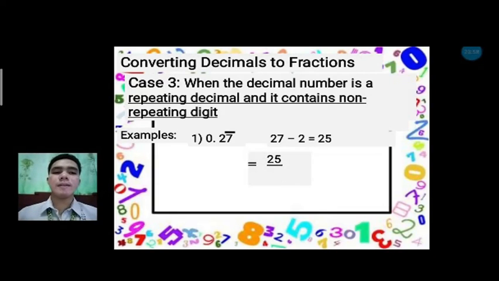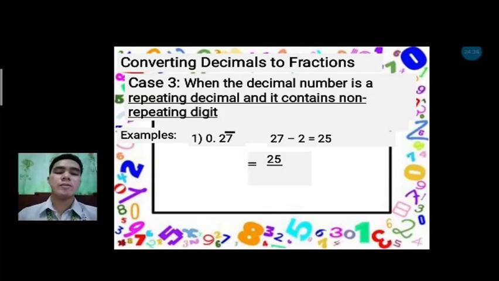Now, what will be our denominator? Take note that the denominator will depend on the number of repeating and non-repeating digits. How many repeating digits? There is only one repeating digit, that is 7. So we have only one 9 in the denominator. And for the non-repeating digit, we have 0 in the denominator.